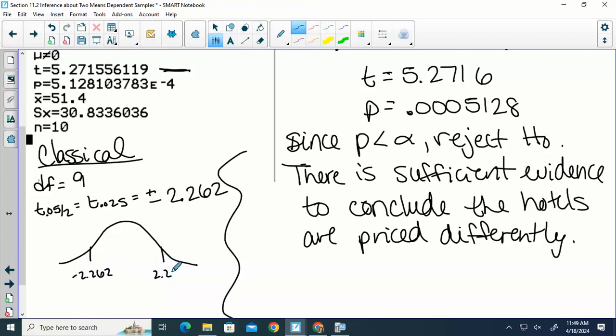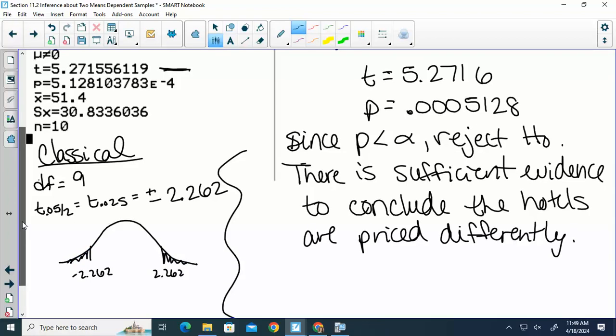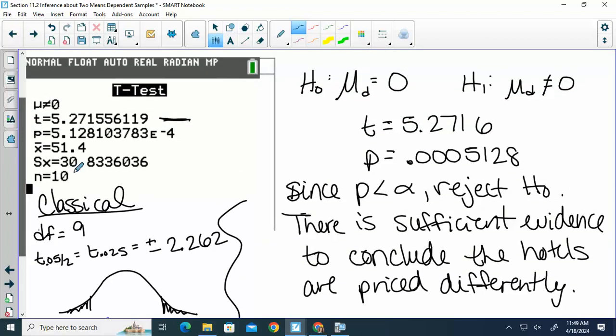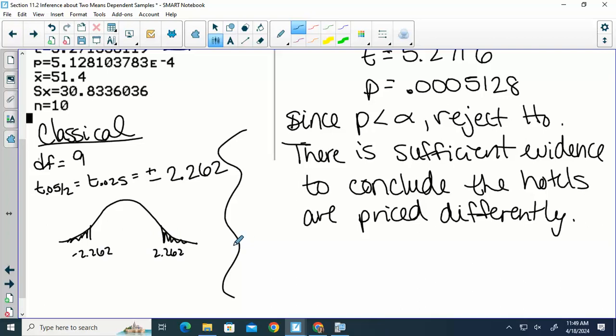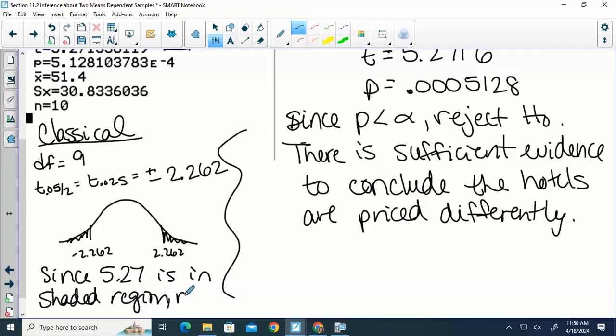Anything beyond those, you would reject. What is the T for our data? We got it on our calculator. The 5.27. Would 5.27 be in the shaded region? Yes. And so we reject the null hypothesis.